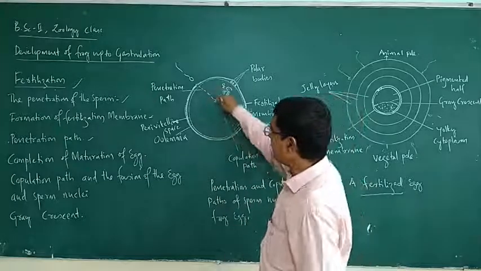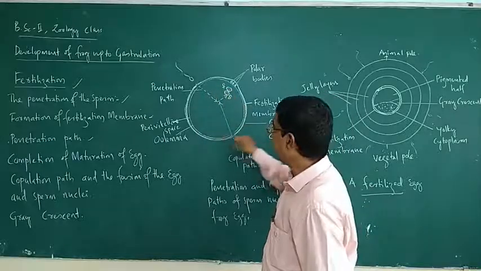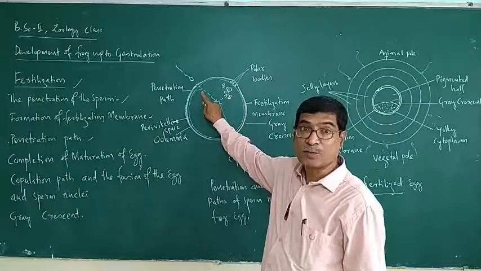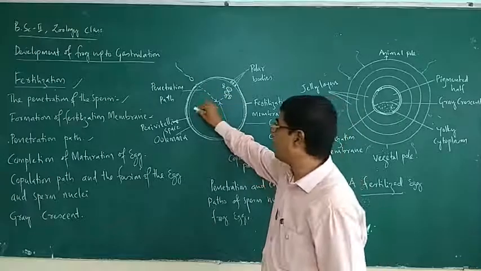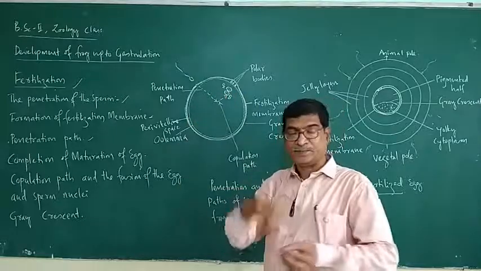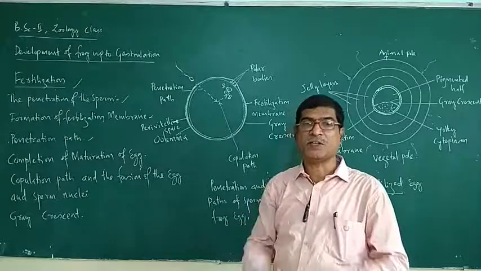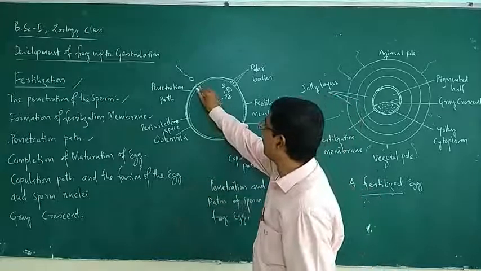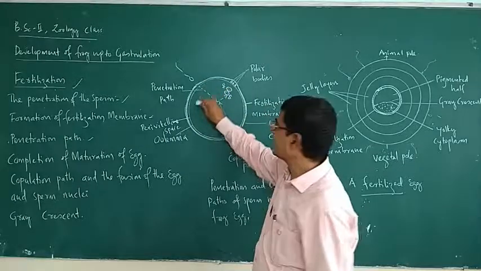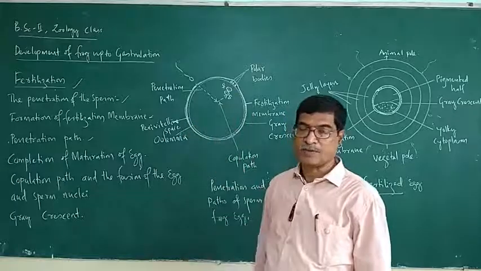While it is moving into the ovum, the surface cortical cytoplasm, which is nothing but the cytoplasm present at the periphery, is also carried along with the penetrating sperm. As a result, what happens now?